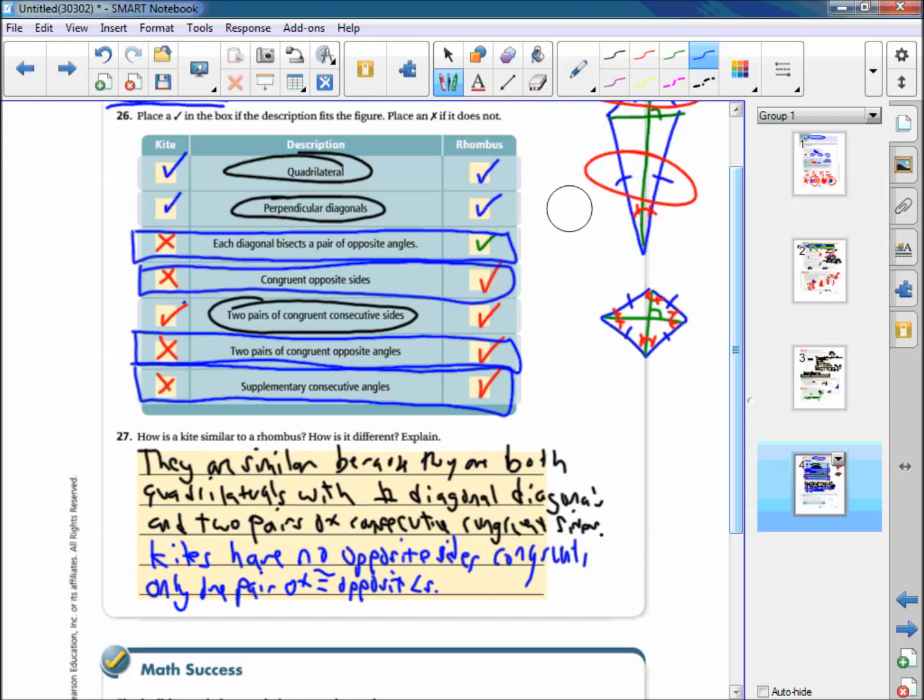That's another thing. And they have no supplementary consecutive angles. All right.